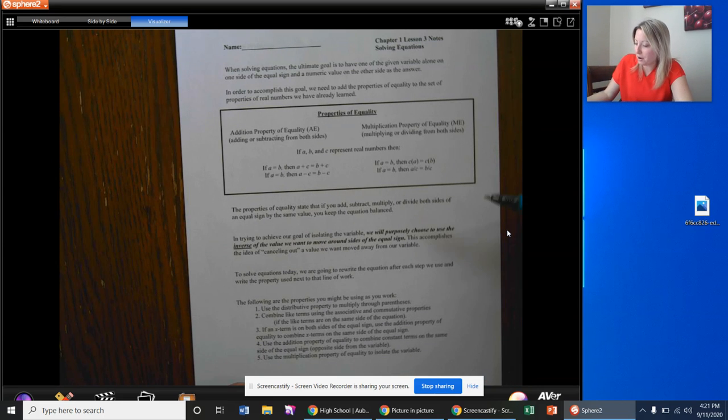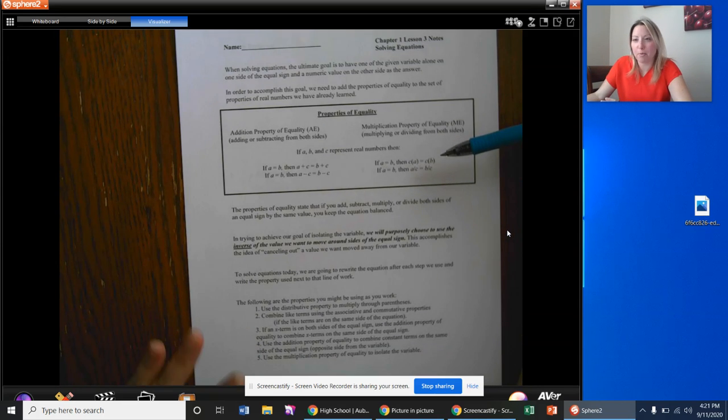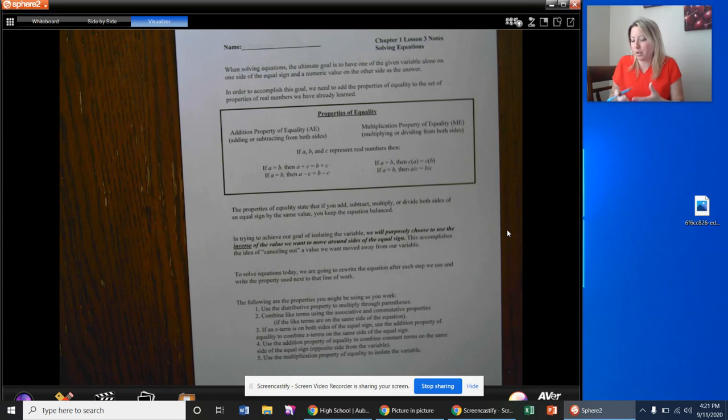Okay, so here we are. We got done talking about our properties of equality, and that's what we use on purpose with our previous properties of real numbers.